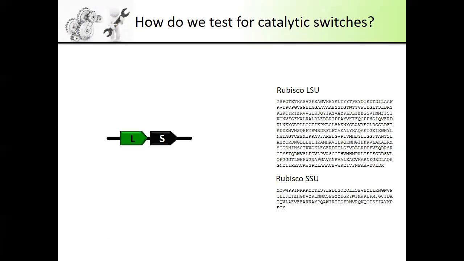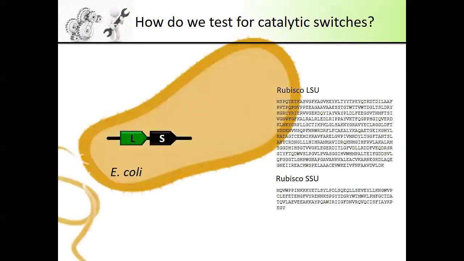The most traditional way of doing any structure-function analysis is to express proteins in E. coli and do mutagenic analysis. Unfortunately, when you take the large subunit and the small subunit, put them in an operon and express it in E. coli, you won't get any assembly. You get the subunits made, but they won't fold and assemble into a functional enzyme.